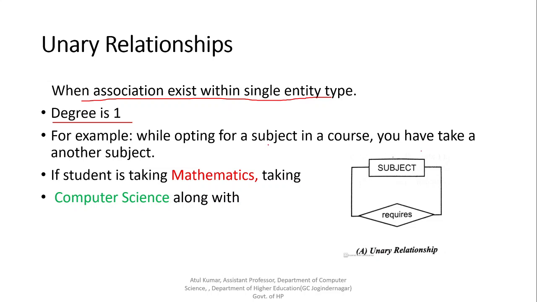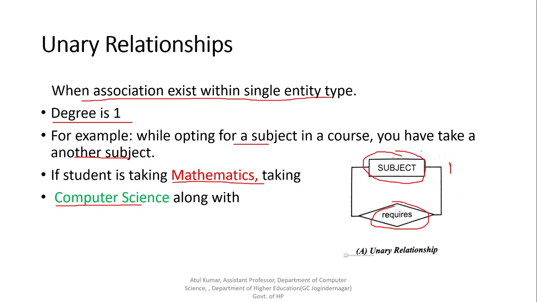For example, suppose while opting for a course, we have to choose a subject, but for choosing a subject we have to take other subjects. For example, if the student is taking mathematics, he has to take computer science along with that mathematics subject. So in the diagram you can see there is only one entity, that is subject, and requires is the relationship between a subject and the other subject.